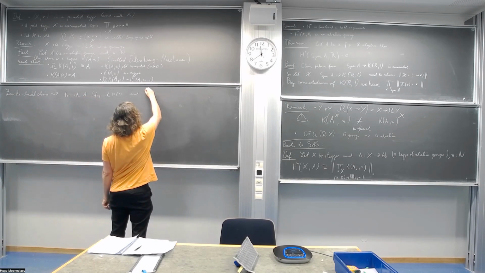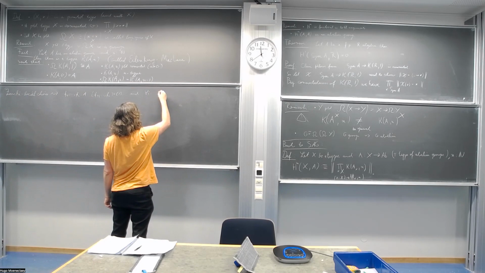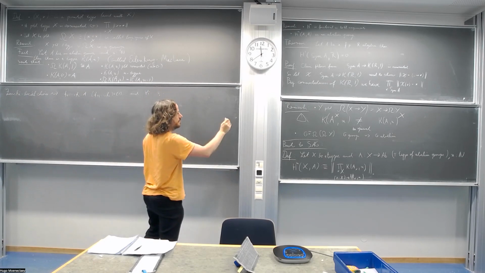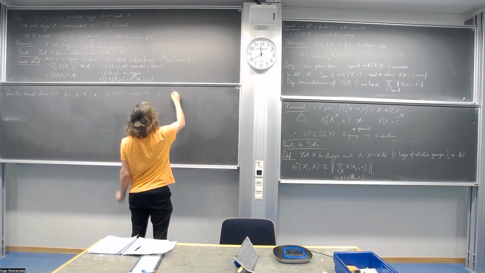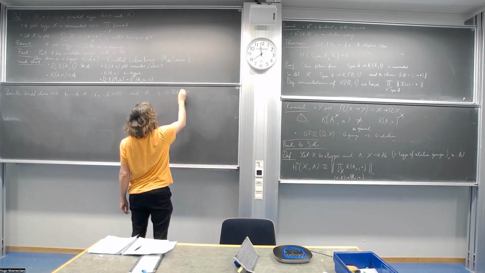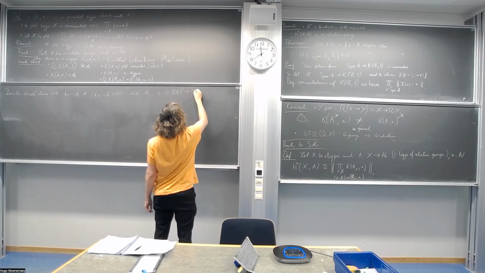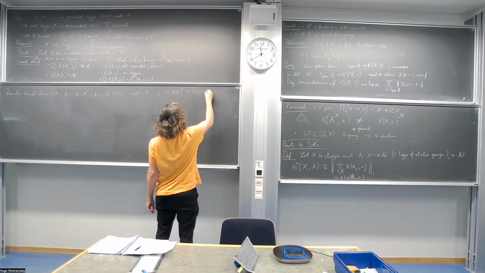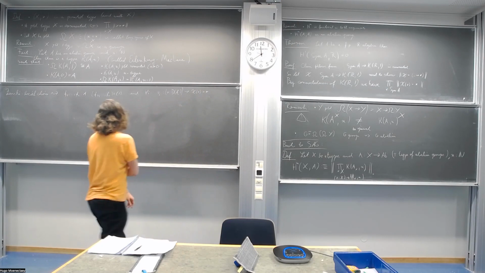So for all i, we have some s_i, which goes from E_i to prove, so we use a dependent function here, to prove that I_X is trivial.